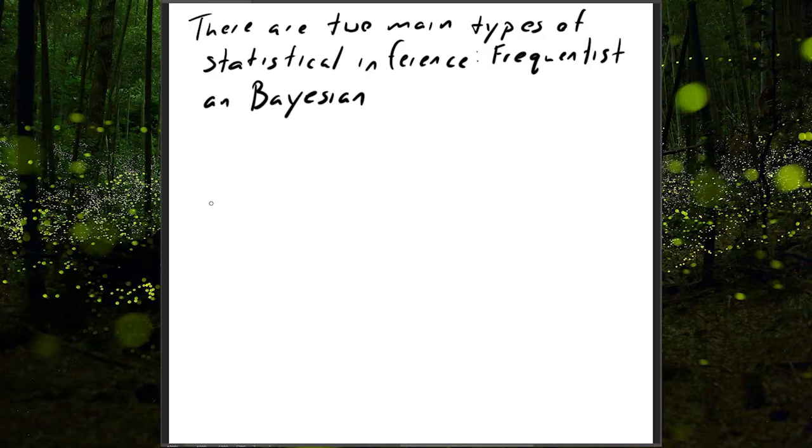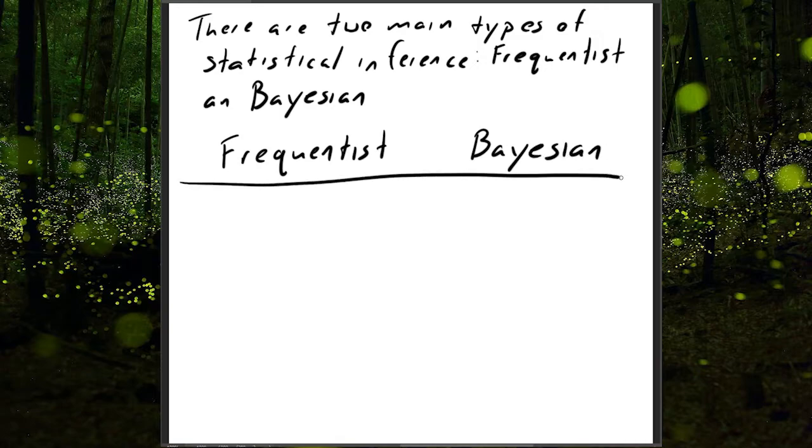What are the 2 big differences between Bayesian inference and frequentist inference? One of the main differences is what we consider fixed and what we consider random in frequentist and Bayesian inference.